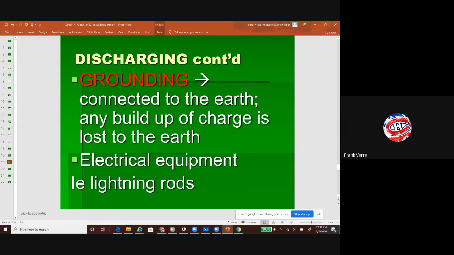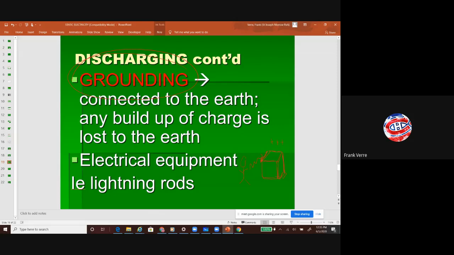Now, in terms of electrical equipment, often electrical equipment has something called grounding in it. The idea behind grounding is that if you have an electrical appliance that didn't have grounding, and for some reason it picked up a charge and became positive or negative, and you approached it, if it's a metal appliance and you got close, you would get a pretty nasty electrical shock.